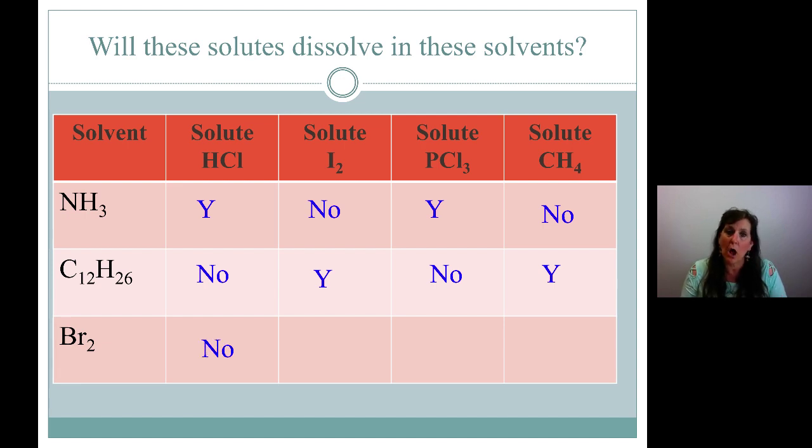That's nonpolar, nonpolar. So yes. Will PCl3 mix with bromine? That's a nonpolar, polar combination. So no. And then what about the CH4 nonpolar solute in the bromine? They're both nonpolar. So yes, they will mix.